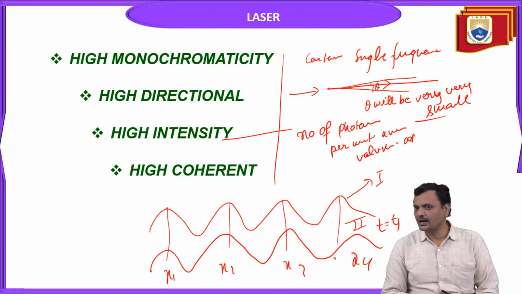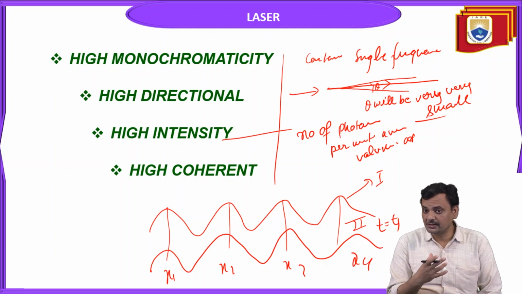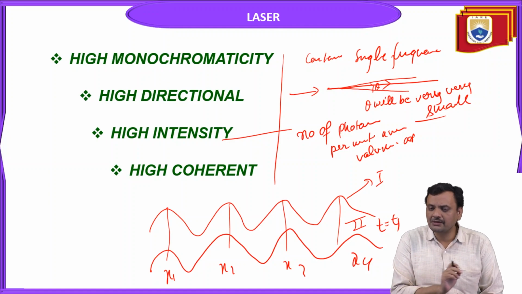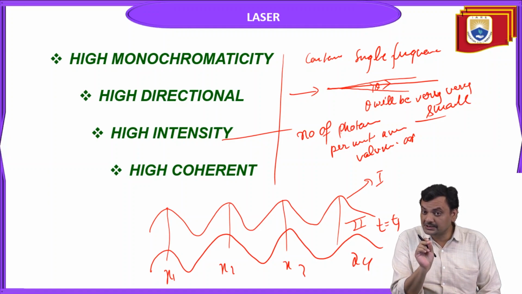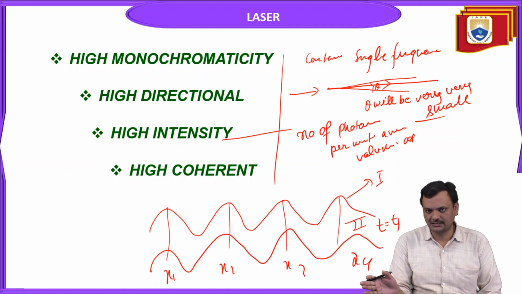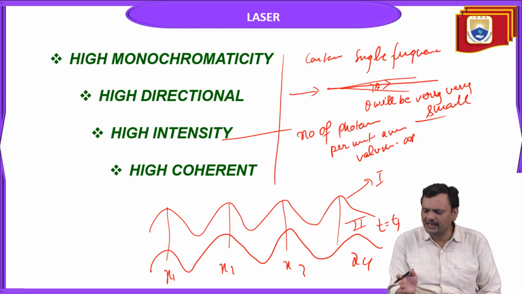Then these waves are known as coherent waves, and they follow the particular characteristics of coherence. These waves have spatial coherence. They are coherent with respect to space. At each and every point in space, at any particular moment, they will have the same phase.